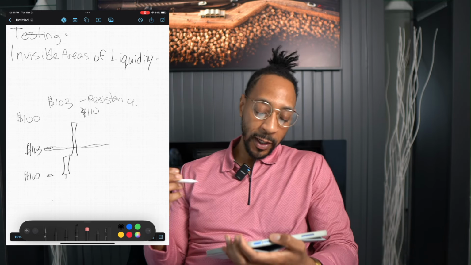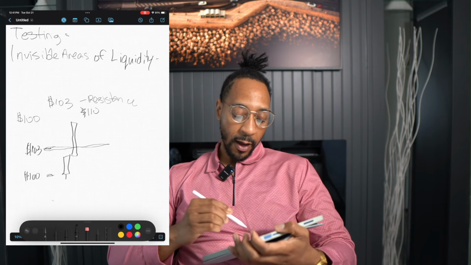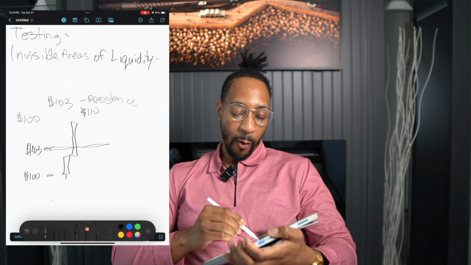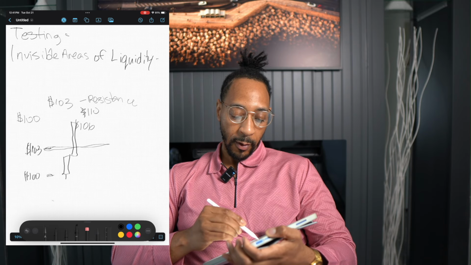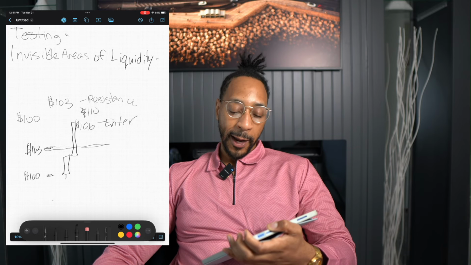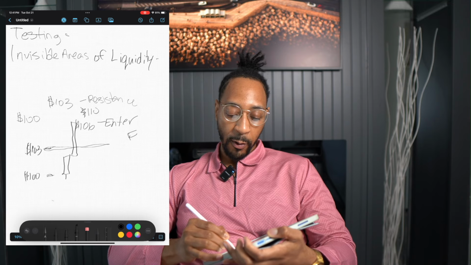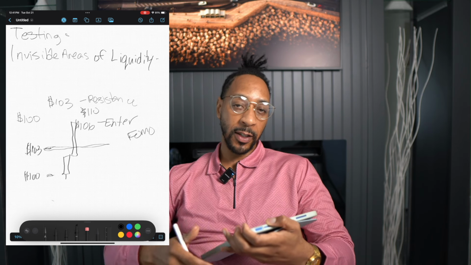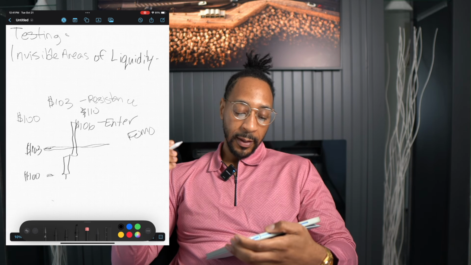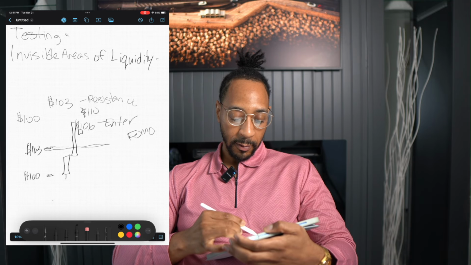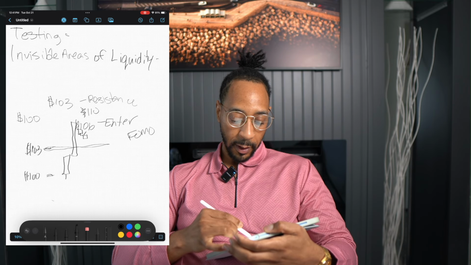So what people do is they say, all right, we got above 103. Right here, we're at 106, I'm going to enter, because they might have FOMO. That's what I'm talking about when I say your psychology could be off. Then the stock will come down here, and then boom.